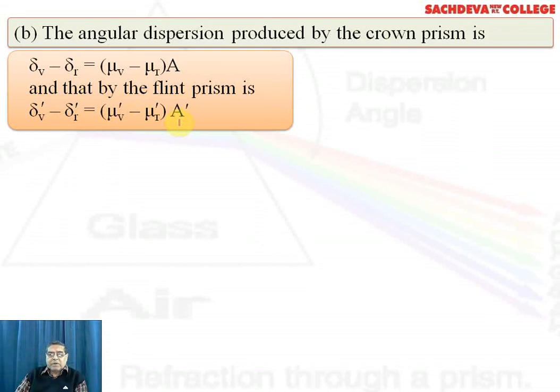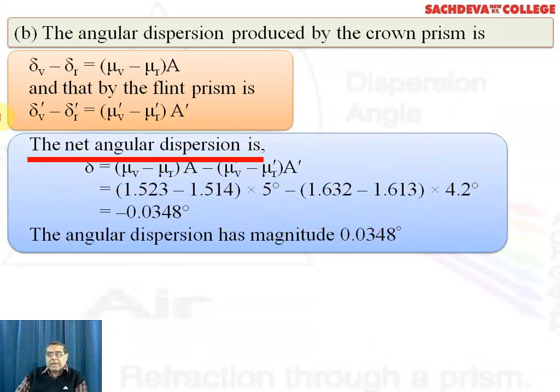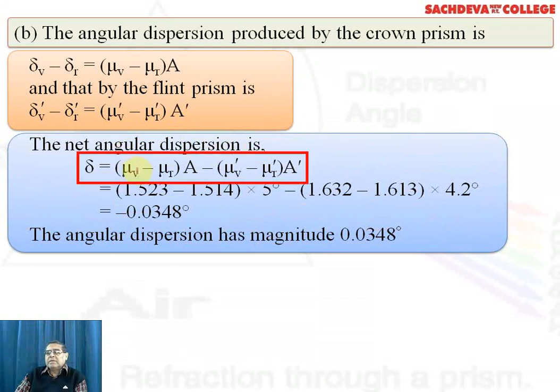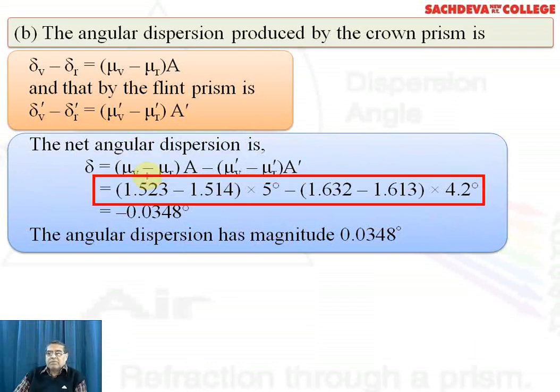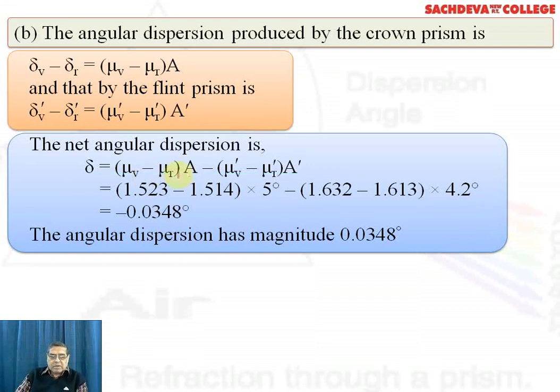Then after that, what we have to do is find the net angular dispersion. So delta is the net angular dispersion, it is the difference of the two values. So we have taken the difference of the two values, we have computed the values, and finally we have calculated it, and delta became 0.03348 degrees.